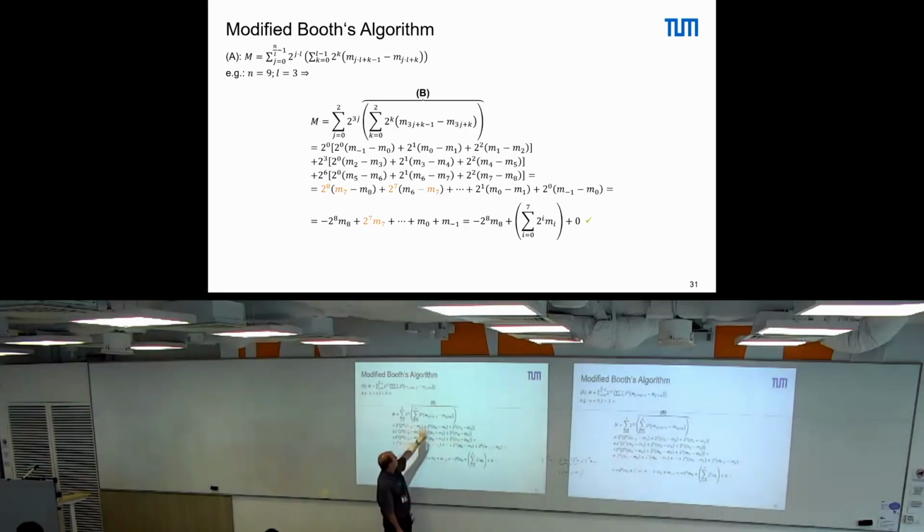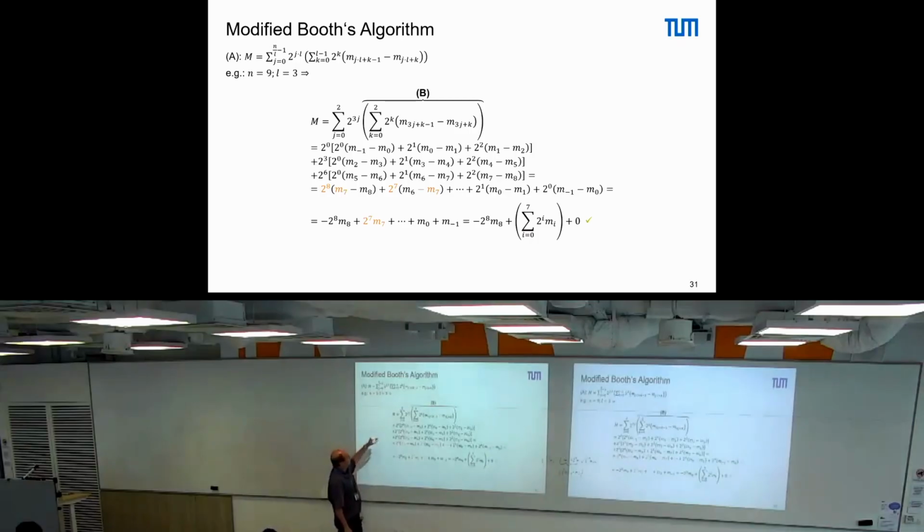M minus 1, M0, M1, M2. In the next step, with 1 overlap, M2, M3, M4, and M5. In the next step, with 1 bit overlap, M5, M6, M7, M8. So we put 3 bits at a time into our computation, and we are still correct.